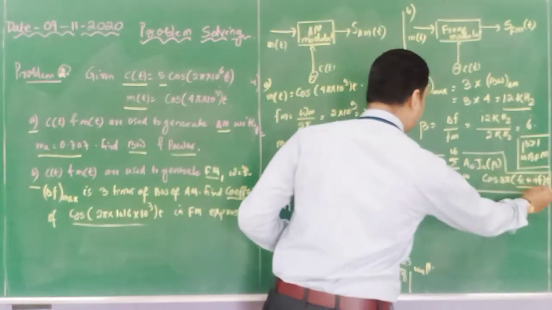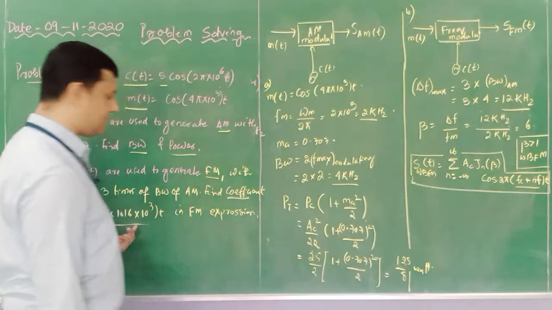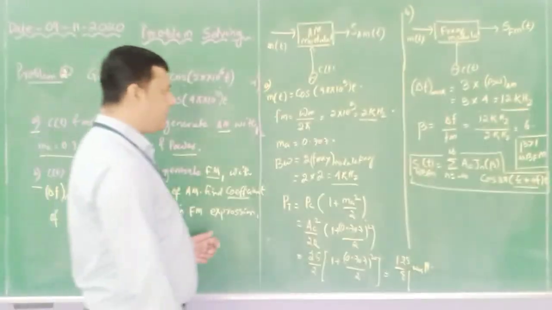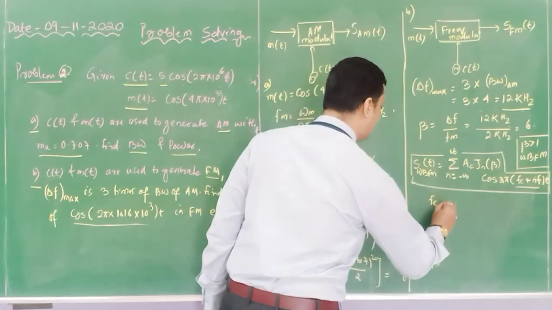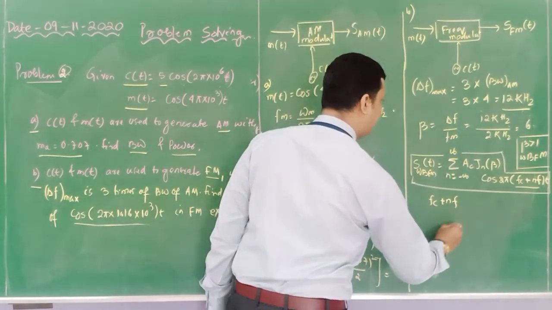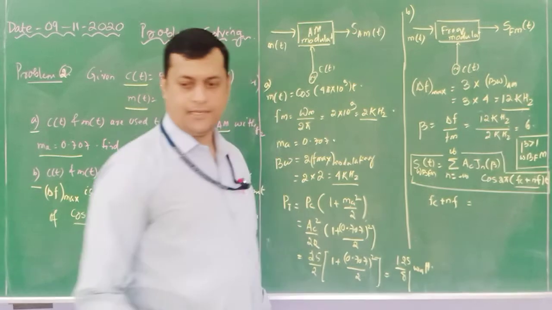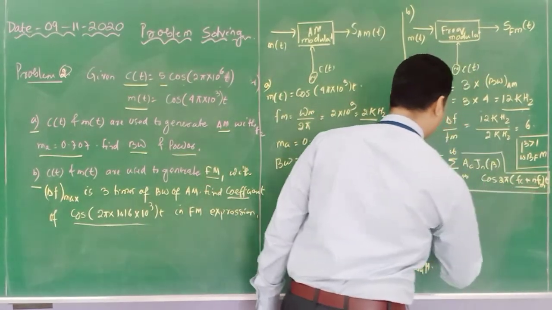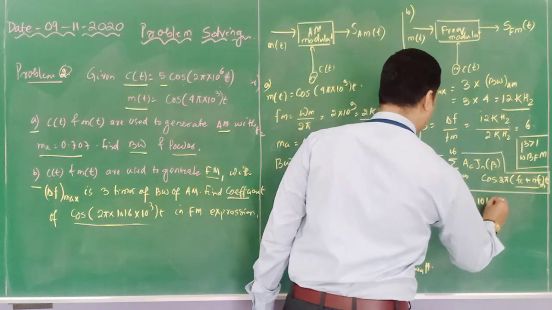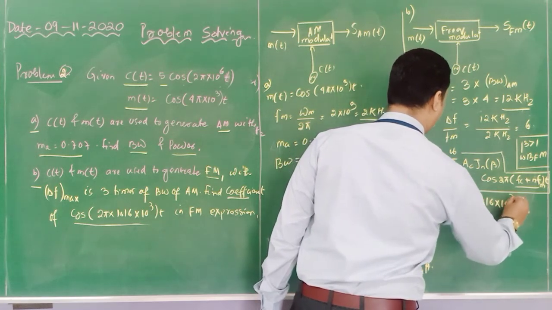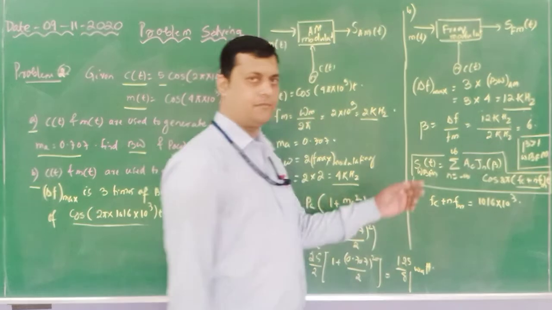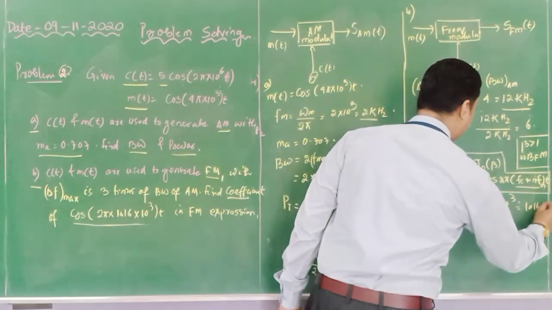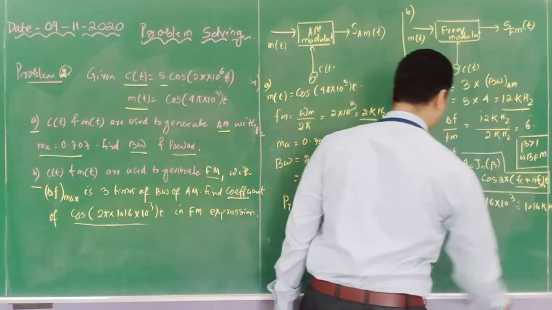If I equate this component with respect to this, 2 pi you take outside. Inside we are left with Fc plus n Fm, which equals 1016 into 10 to the power 3, that is, 1016 kilohertz.